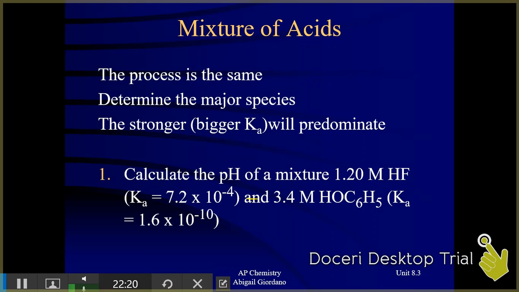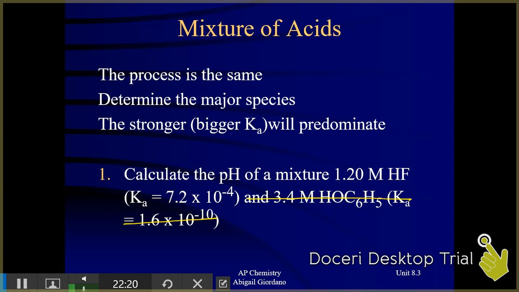And guess what? You can essentially ignore the other one. Now please understand, it does not mean that that acid is not contributing anything. It is dissociating some, and it is providing H plus ions to the solution, but it's not providing nearly as many as HF is, so we're going to just focus our attention on HF.